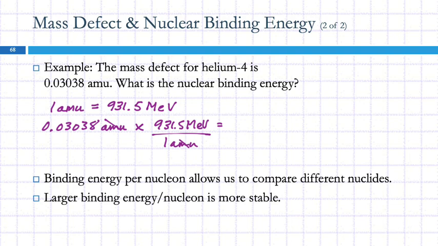That'll be 4 sig figs, 28.29897 mega electron volts. That's the binding energy that is holding together a helium-4 nucleus. If you wanted to smash it, break it up into its parts, you'd have to put this much energy in.